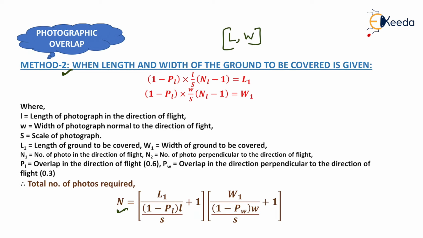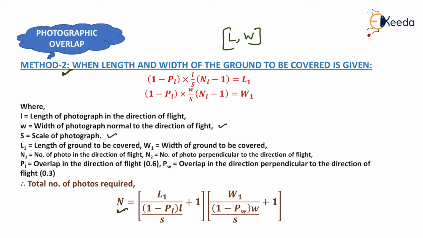Here L1 is the length of ground to be covered, W1 is the width of the ground to be covered, PL is the longitudinal overlap equal to 0.6, PW is the side overlap equal to 0.3. Small l is the length of photograph in the direction of flight, W is the width of photograph normal to the direction of flight, S is the scale of photograph.